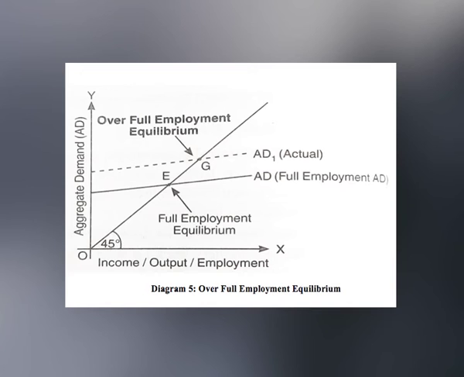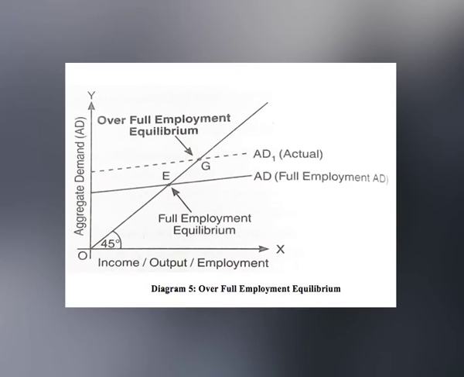Alternatively, in producing the output, all the economy's resources are fully utilized and there is no scope of increasing supply. As there is no further scope of increasing AS, equilibrium at a higher level cannot be achieved, which leads to an inflationary situation in the market. The situation of over full employment equilibrium is explained with the help of the given curve.